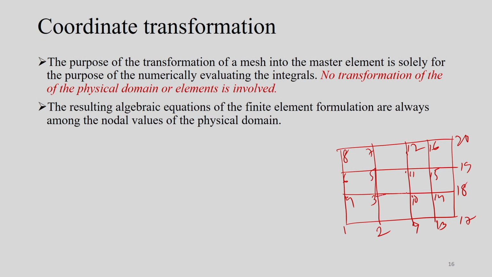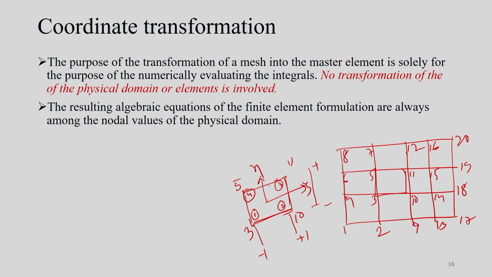We pick up one particular element, with global numbers 5, 11, 3 and 10. Then in this particular element we can give local numbering 1, this is the second one, this is the third one, this is the fourth one, following a particular sequence. Then we can follow the local coordinate system for this case, mapping in such a way that it varies from -1 to +1, and here also +1 to -1, such that we have xi and eta local coordinate system.